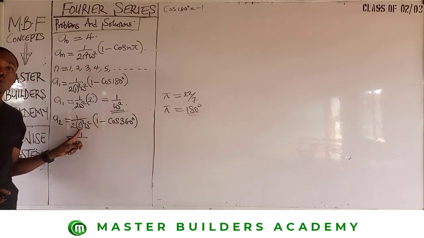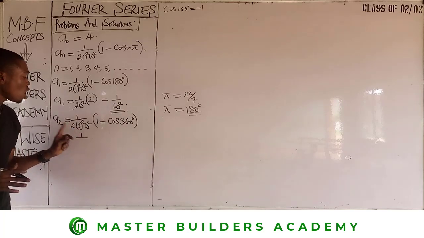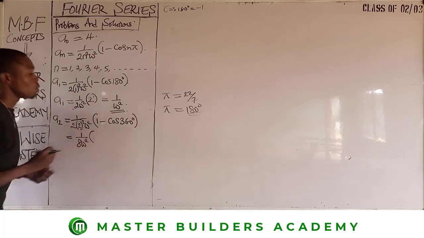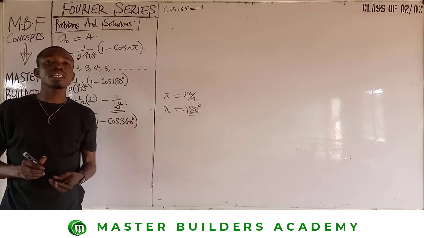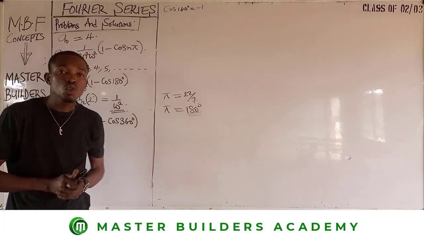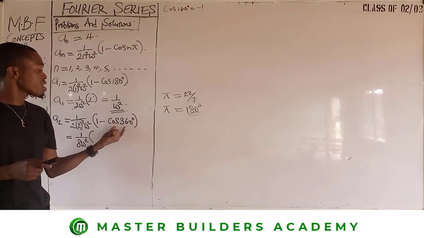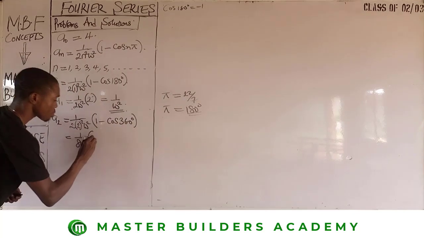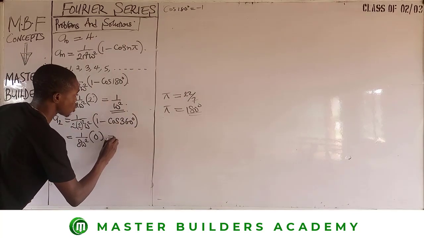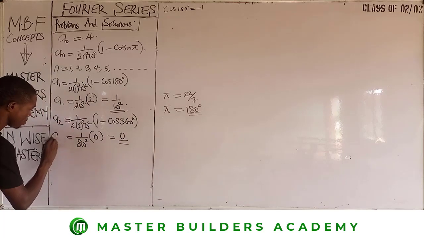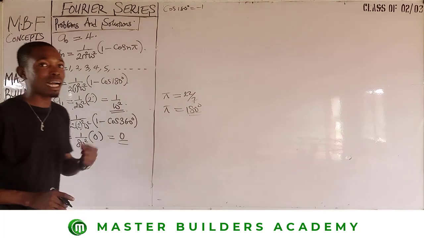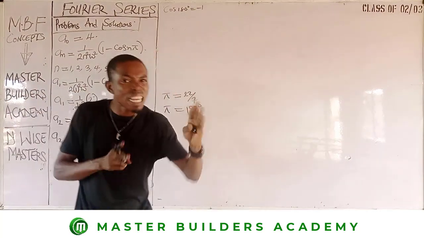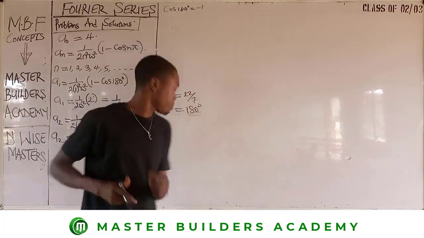If you square 2, it will give you 4. 4 times 2 is 8. So this will give us 8W squared into 1 minus cos 360 will give you 0. Why? Cos 360 is 1. 1 minus 1 is 0. So this makes the result for this as 0. So you see now that we have a 0 value. And don't forget, we are looking for the first 5 non-zero values.